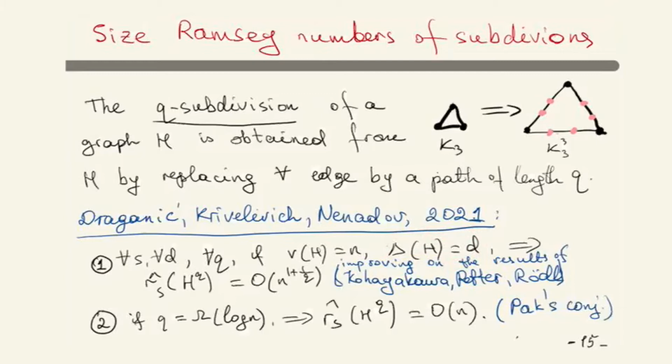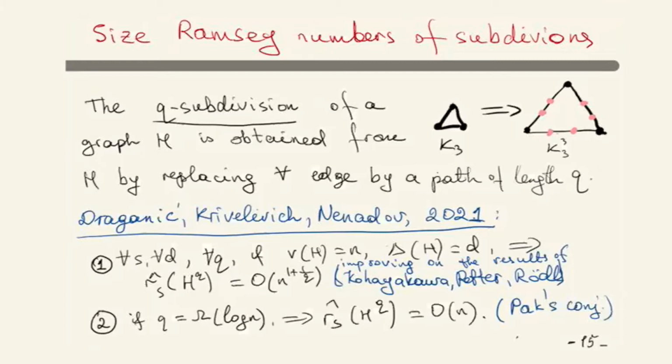And a few slides before I explained that except for the Rödl-Szemerédi construction, we don't know of any constructions of bounded degree graphs where the size Ramsey number is not linear. So no idea what the true answer is here.